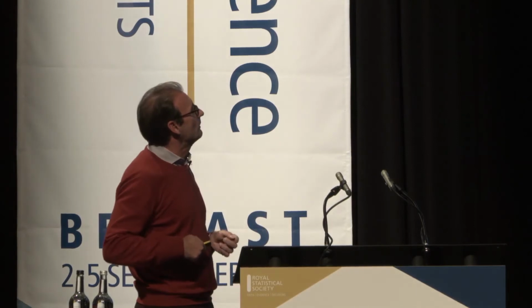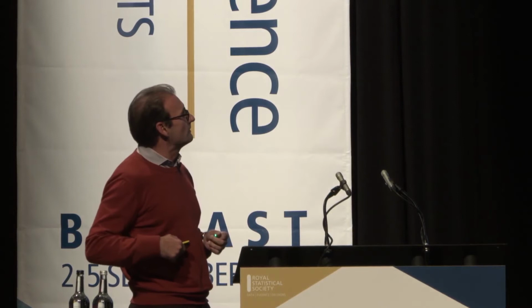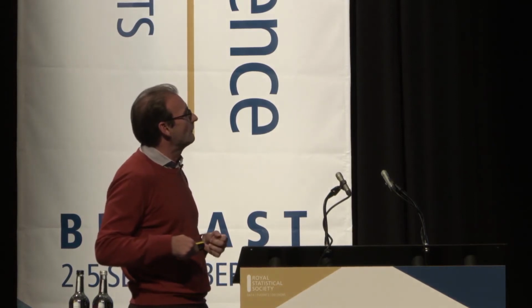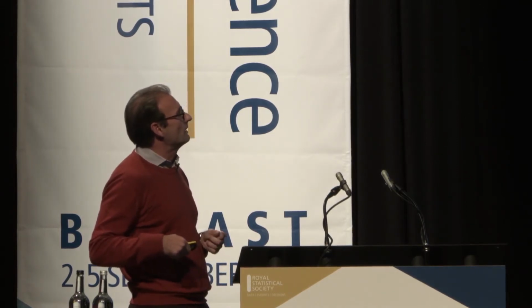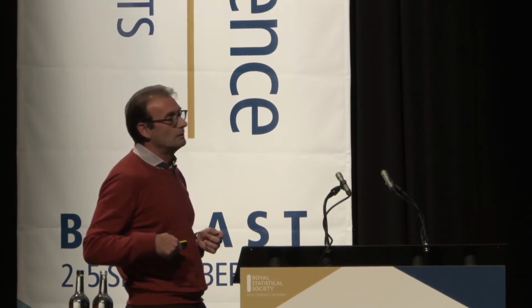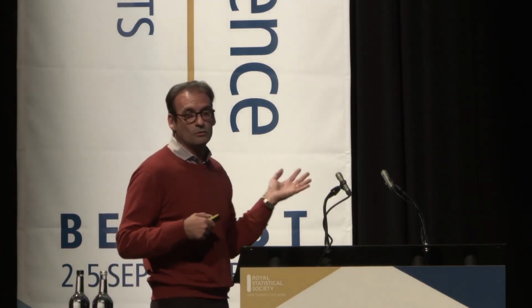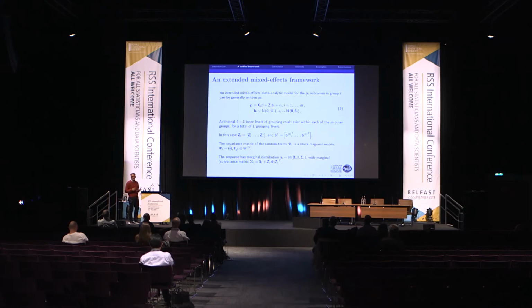The other thing I want to show is that under this model and these assumptions, the response vector yi follows a multivariate normal distribution with covariance matrix sigma i, which is the sum of two components, the within group covariance matrix and a function of the between group covariance matrix. So using this approach, we can model the correlation among effect sizes within each group.